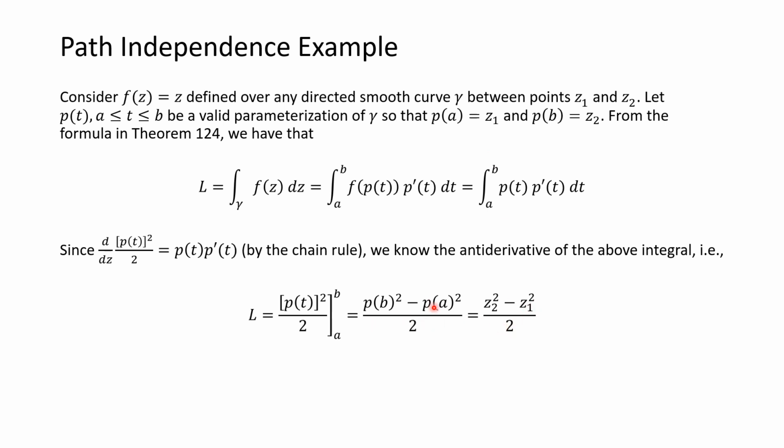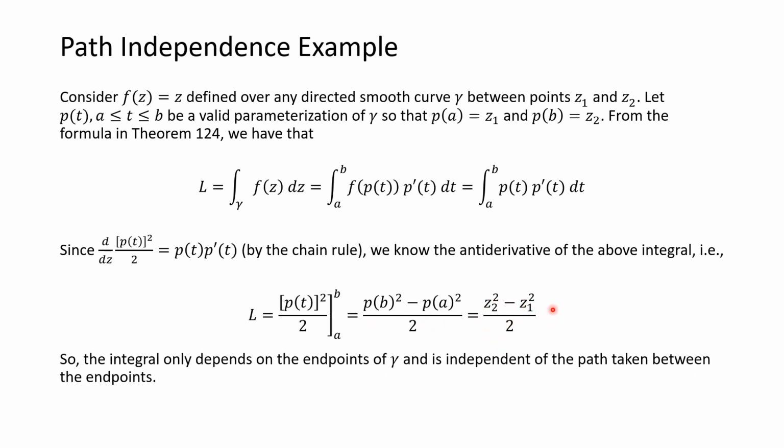So the final solution here is independent of the particular path gamma that we've taken. We'll see in the next lesson that there are other conditions where the value of the integral is independent of the path. So this is just an initial simple example of something that we'll see more of later.